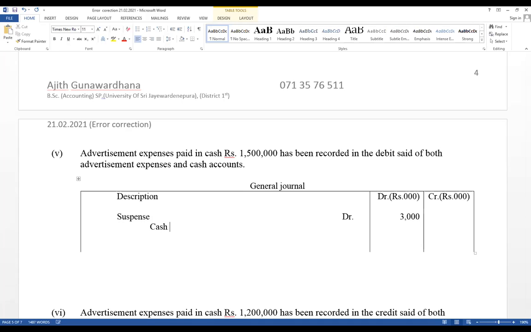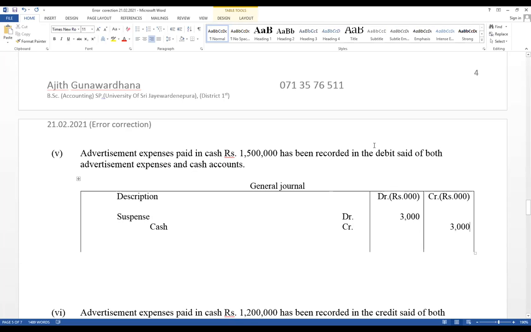Think about why 3000 has been considered. Cash account should be credit, but it has been debited. Both ledger accounts debit. Advertisement expense account debit, it is okay. Cash account should be credit, but cash account was also recorded on the debit side.